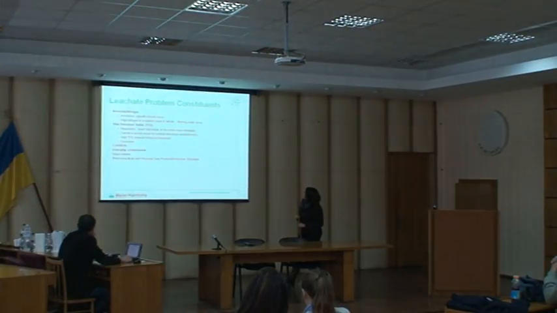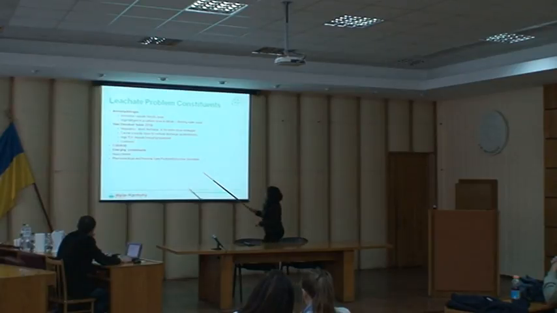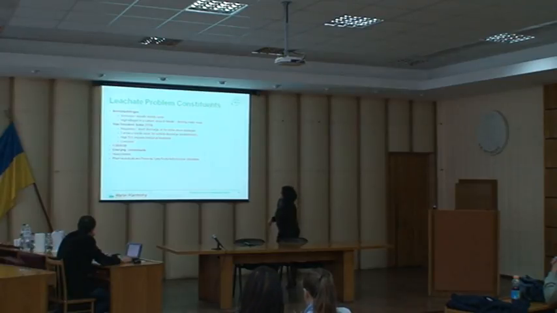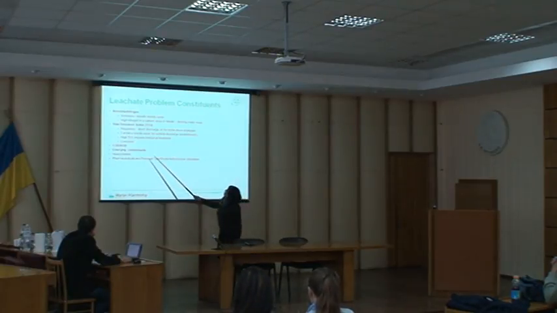So what are now the problems of leachate? As I said, leachate contains a lot of pollutants, especially heavy metals. We have also ammonia, a very high concentration of ammonia nitrogen, and dissolved solids, which can provoke corrosion.